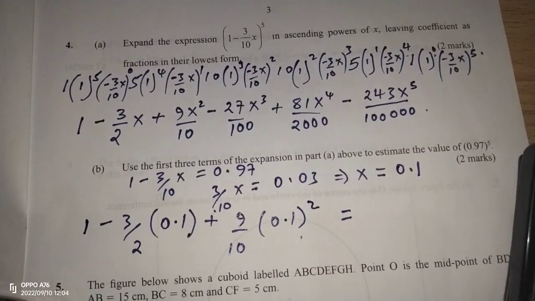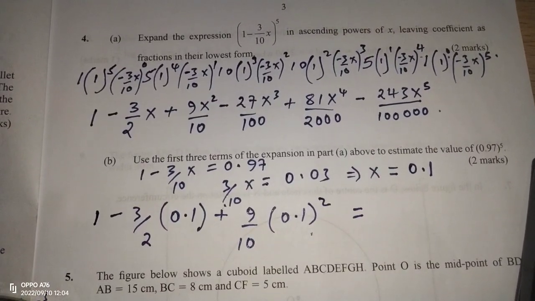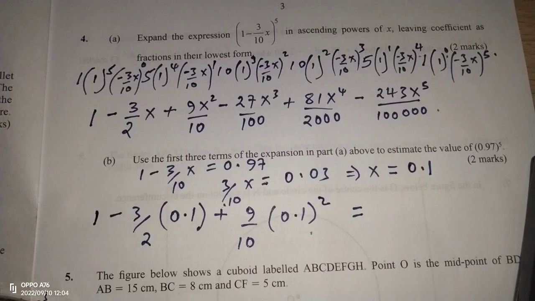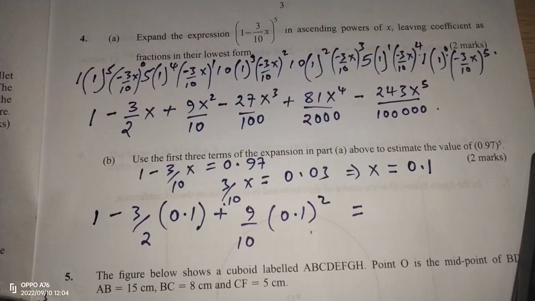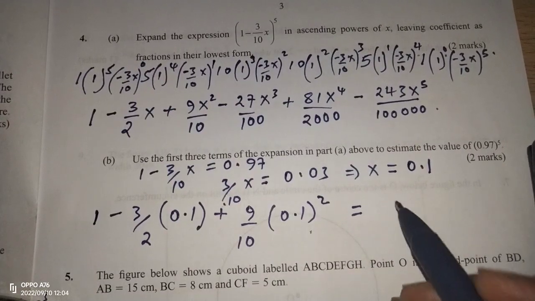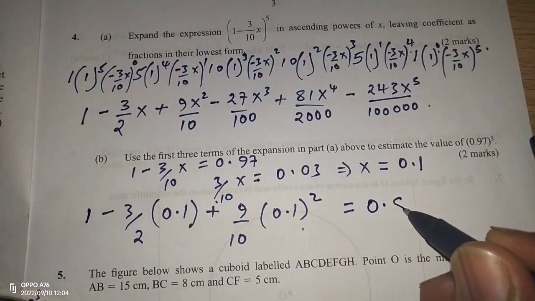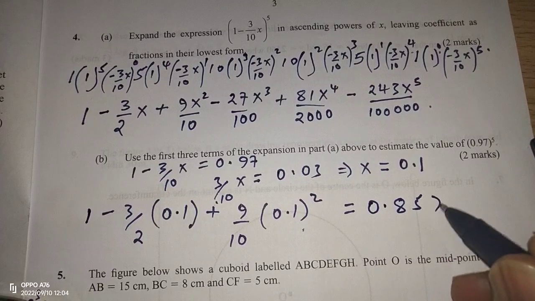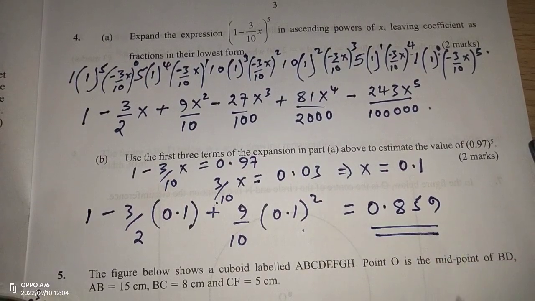So let me check now the value when I compute using my calculator. 1 minus 3 over 2 into 0.1 plus 9 out of 10, then 0.1 has been squared. This is going to give us 0.859 as the value of the above expansion.